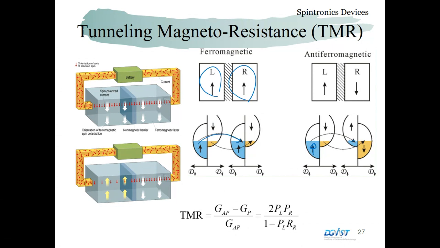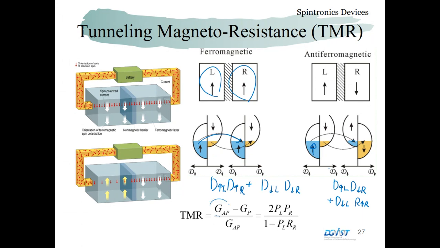So we have a tunneling current of spin up on the left side to spin up on the right side, and spin down likewise, but in the antiparallel case we have spin up on the left-hand side and spin down on the right-hand side. It is quite similar to the GMR case.